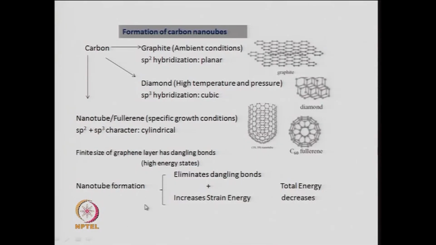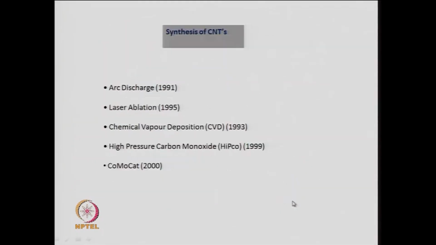So, formation of carbon nanotubes is basically driven by the need for the dangling bonds to make some bonding and help eliminate these free electrons, which will then stabilize the system. However, there will be an increase in the strain energy, but overall the total energy will decrease.